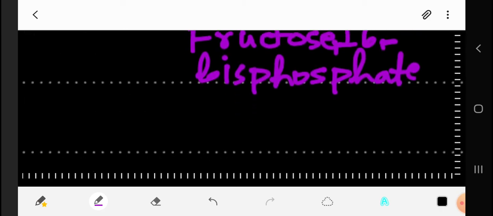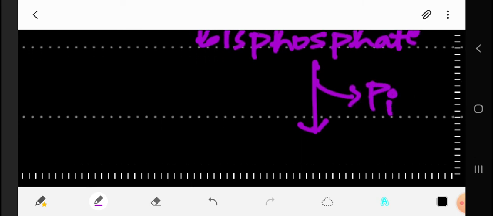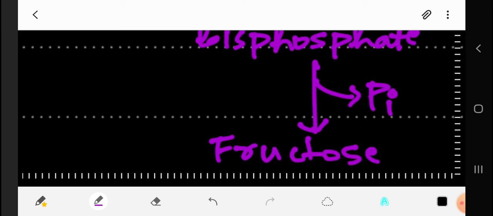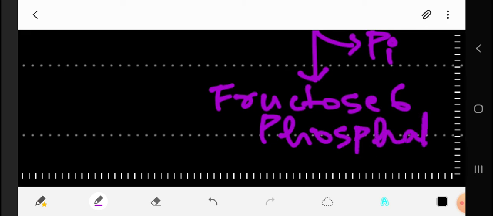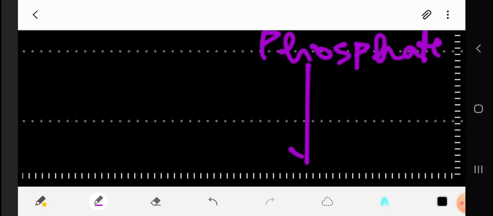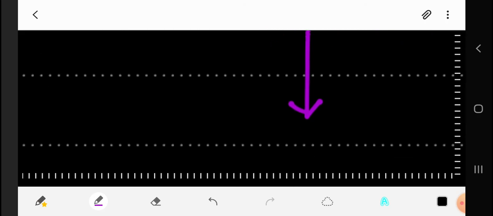Now this fructose 1,6 bisphosphate releases one inorganic phosphate molecule and gets converted to fructose 6 phosphate.